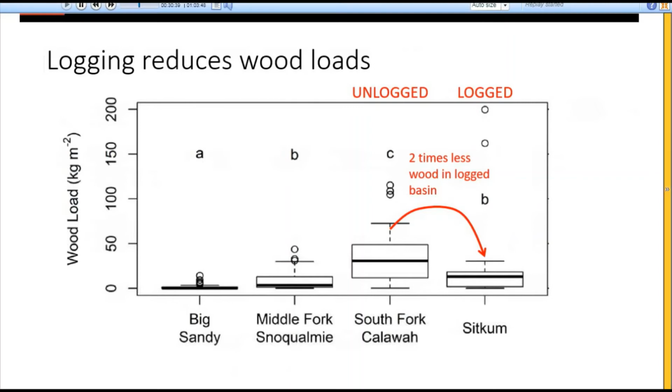These plots show wood load on the y-axis, which is how much wood is in a given reach of the stream, and then the 4 basins on the x-axis. Looking first at a comparison between these 2 basins in the Olympics, we found a factor of 2 difference between the logged basin and the unlogged basin. And again, these basins are similar in almost every other way, so I would strongly argue that this is the isolated effect of logging in these 2 basins.